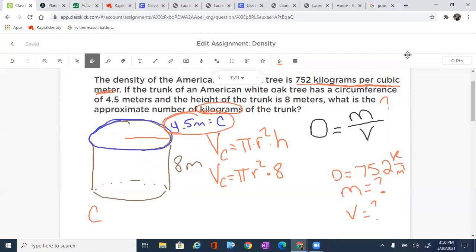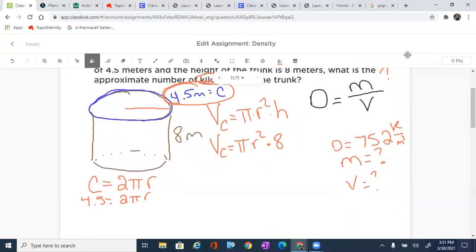So one thing that we are going to pay attention to is that the circumference is 2 times pi times r, 2 pi r. It says the circumference is 4.5, which we can set equal to 2 pi r, and we can make an easy calculation for the radius by just dividing by 2 and pi.